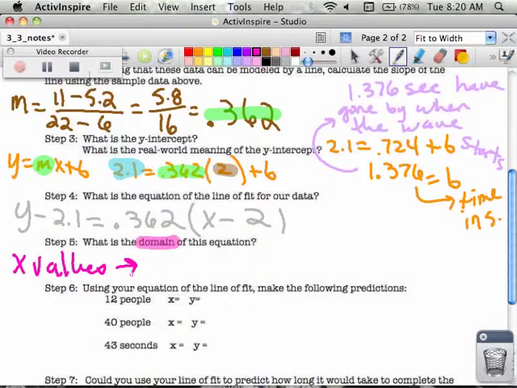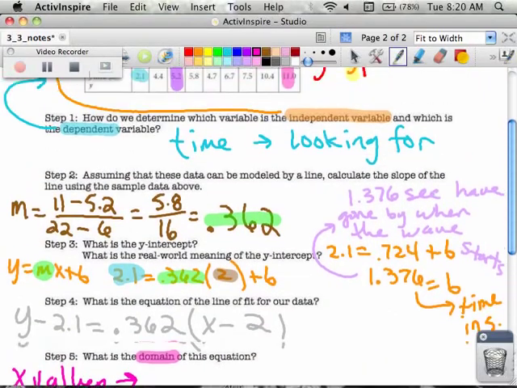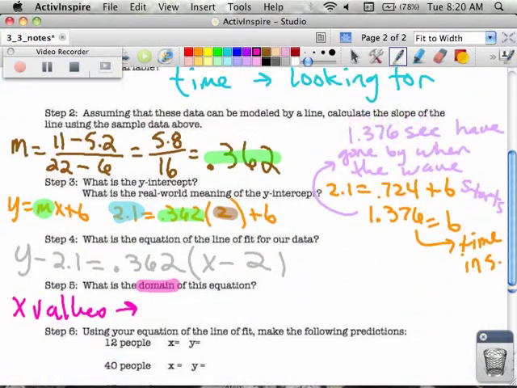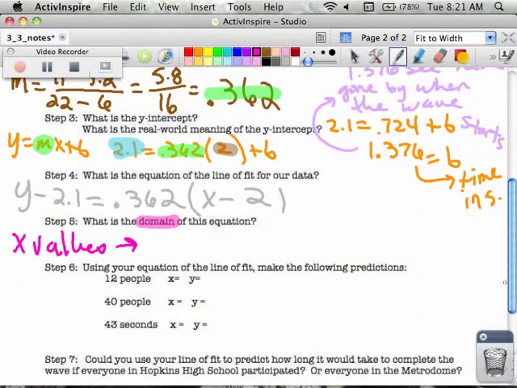So when I go back and I look at what the x values are, this is talking about the number of people. So, does it make sense to have negative 40 people? No. Does it make sense to have 7 people? Yeah, how about 1,000? Yeah, I mean, you could be in a big dome or something watching a football game.